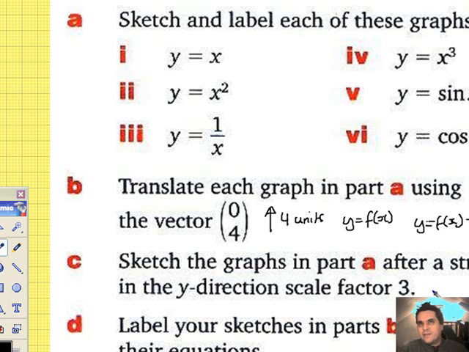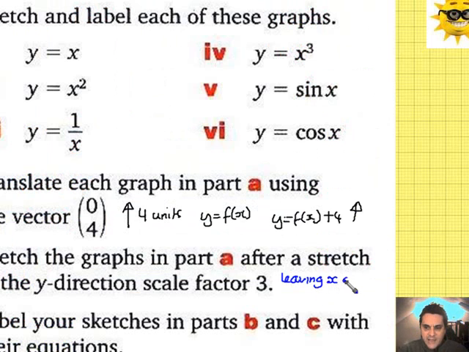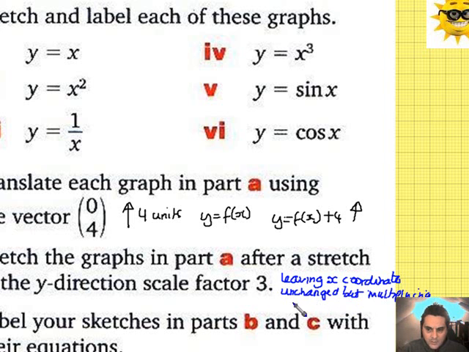Now if you remember this from the previous introductory videos, what I'm essentially doing here is leaving the x coordinate unchanged, but multiplying the y coordinate by 3. Right, hence the 3 there.